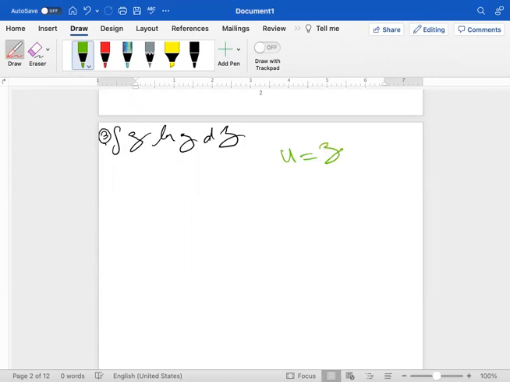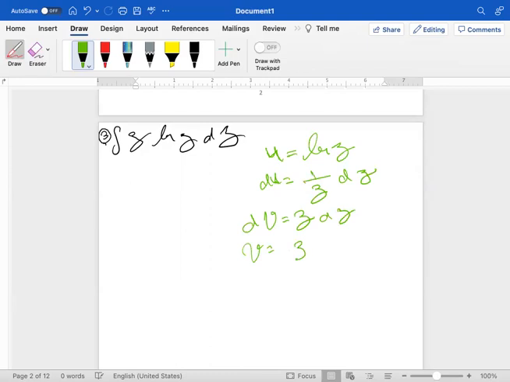Or no, actually, yeah, we have natural log of z. I will choose my u to be natural log of z, then du is 1 over z dz, and dv would be z dz.